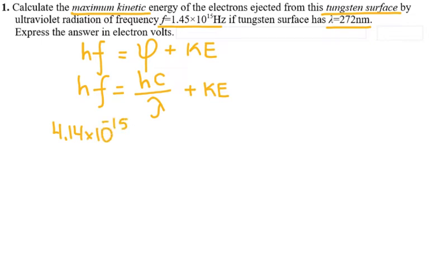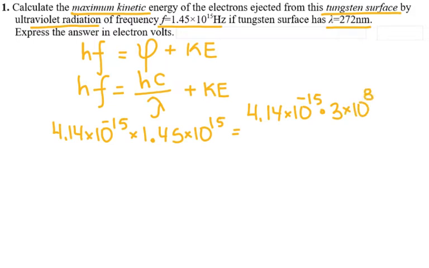Then for the energy of the incoming photons, it's an ultraviolet radiation, and they give you the frequency, which is 1.45 times 10 to the positive 15, and that equals, again, Planck's constant, which has to stay in electron volts because I need my answer in electron volts, so 4.14 times 10 to the negative 15, and then I have the speed of light, 3 times 10 to the 8 meters per second, divided by the wavelength that they give me, which is 272 nanometers, and nano means negative 9. Whatever's left is going to be the kinetic energy of the electron being ejected.